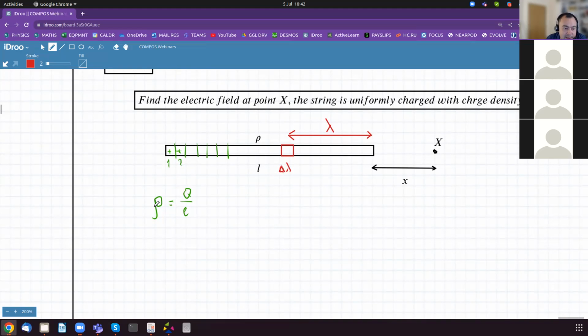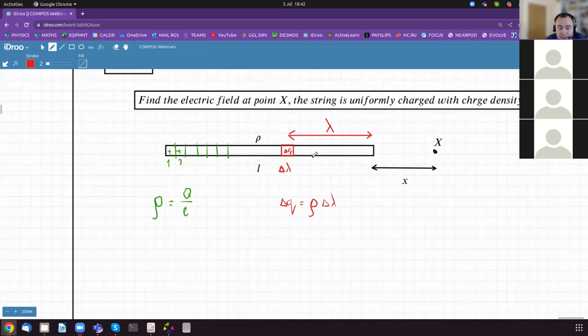Now, as I said, the charge density is charge over length. So from here, the charge of that bit, delta Q, is going to be rho times length. So it's going to be rho times delta lambda. That's the charge of that little piece.